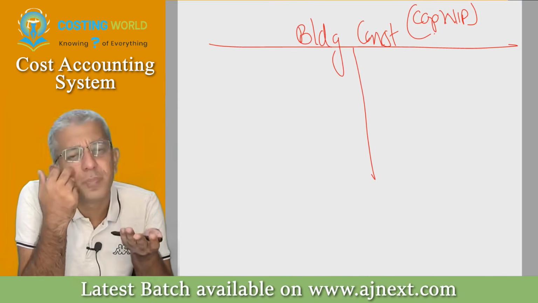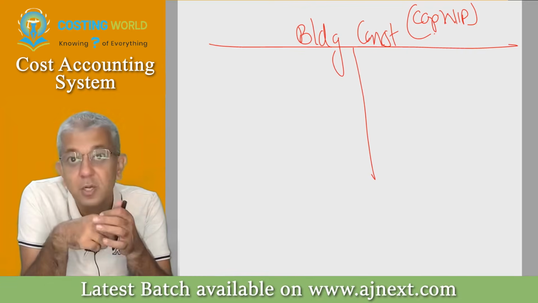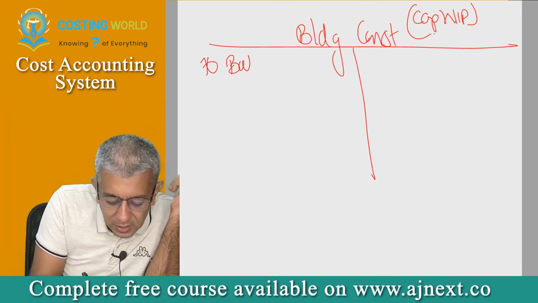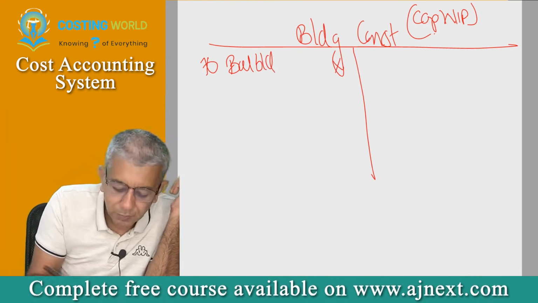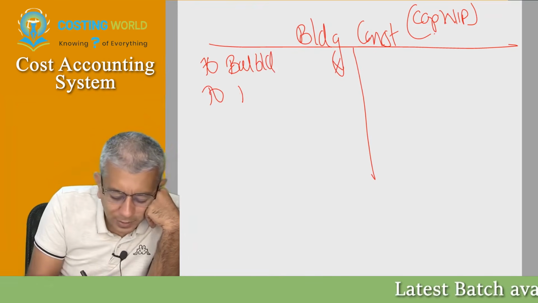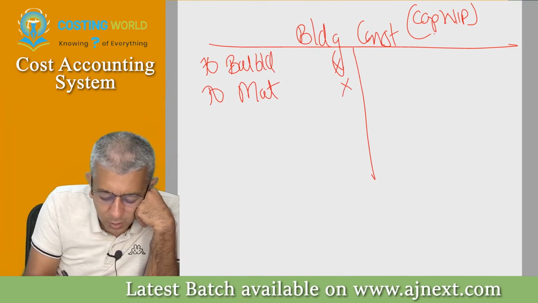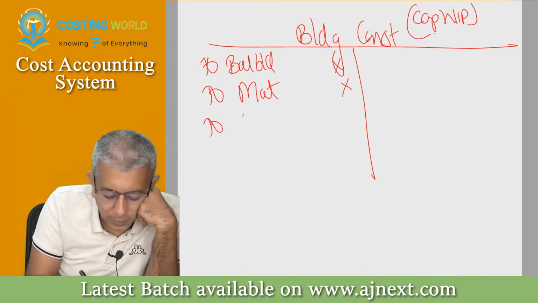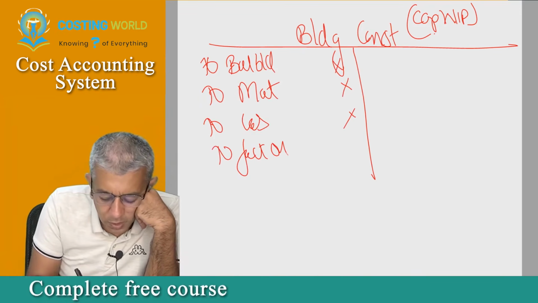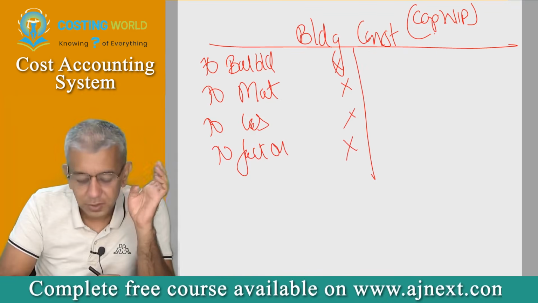Now some companies in costing also maintain these accounts. How? If I have incurred some money on the building before, that will appear as your opening balance. I will be incurring more material cost, more labor cost, and more factory overheads for the building. Listen very carefully.